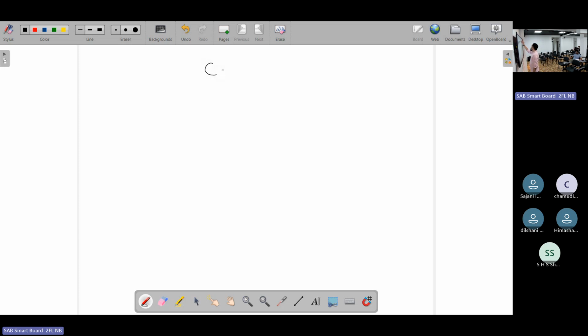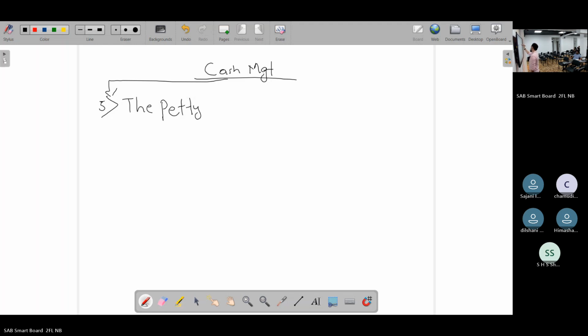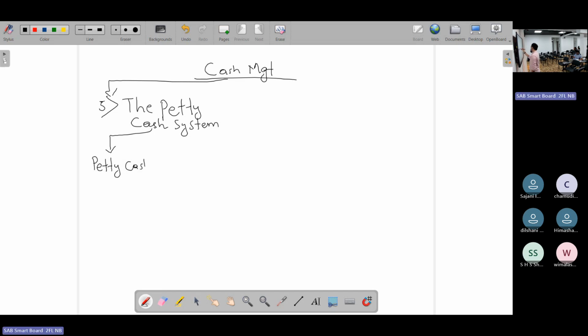Next topic, the petty cash, the petty cash system we discuss in the cash management process.